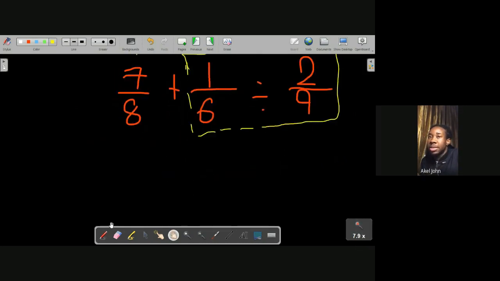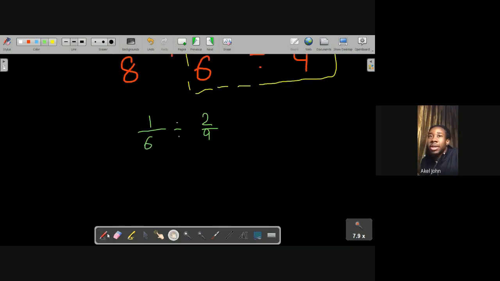So let's do that. We have 1/6 being divided by 2/9. When we divide in fractions, there's a simple trick we do, like KFC, we call it KCF. We keep the fraction to the left, so we retain the 1/6.